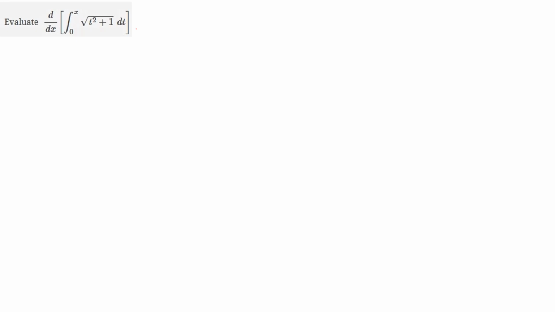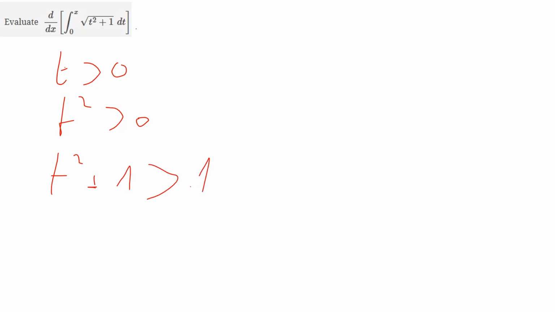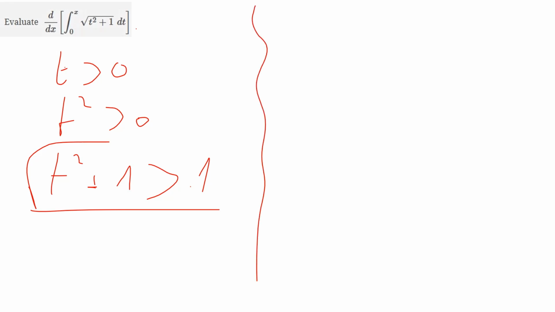So we have t is greater than 0. Then this means that t squared is also greater than 0. It also means that t squared plus 1 will be greater than 1. Then the square root will also be greater than 1. Then this function here is continuous. Then this also means that if this function is continuous, we can find the derivative easily by just replacing t with x.